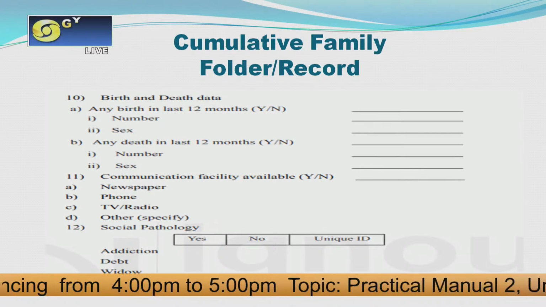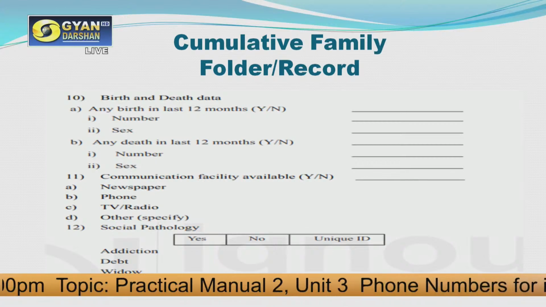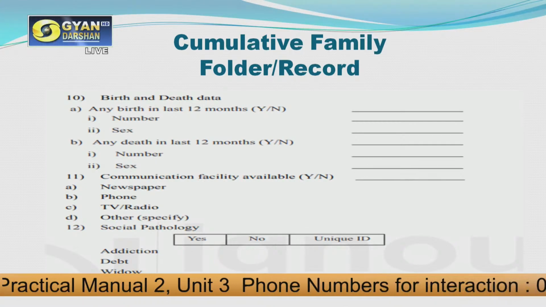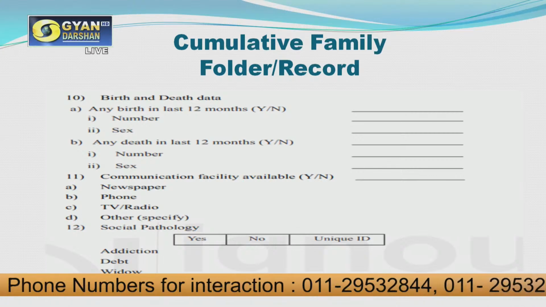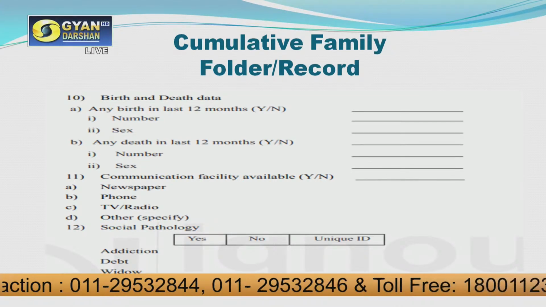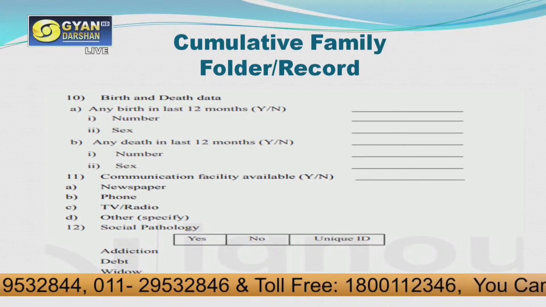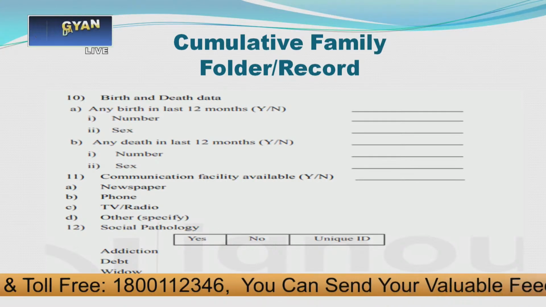Then communication facilities available, from where they get the information. Does a family member have the facility of getting a newspaper, or do they have a telephone, a TV or radio, and if there is any other, you can write down and specify.